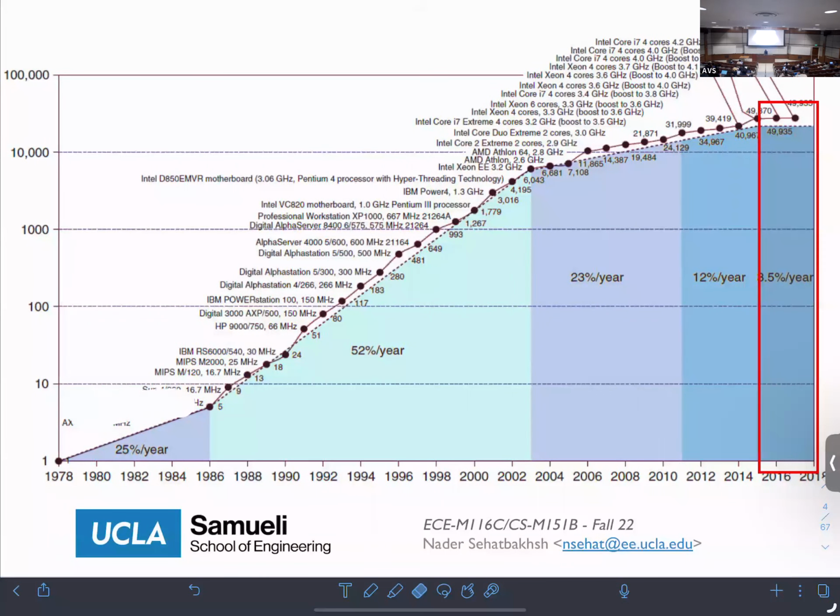That gave us the period of what we call Moore's law improvement, where the speed doubled, in what we call the golden age of computer architecture, with all the things that we talked about in this course: pipelining, out of order execution, branch prediction and so on and so forth.